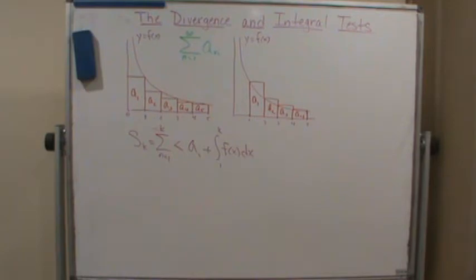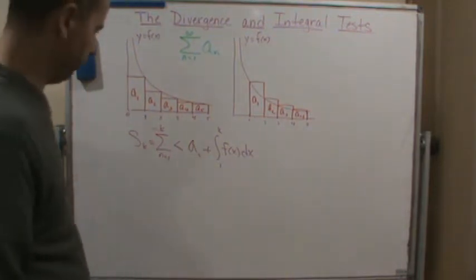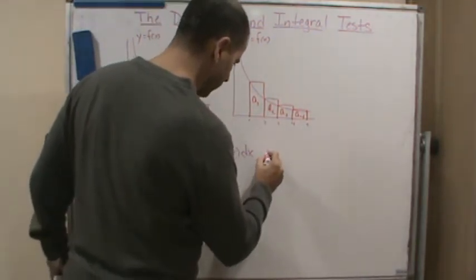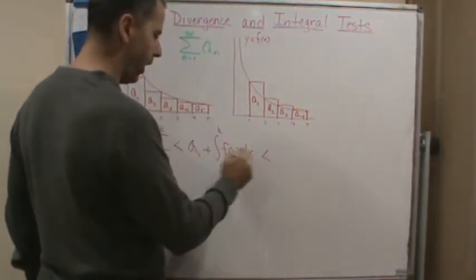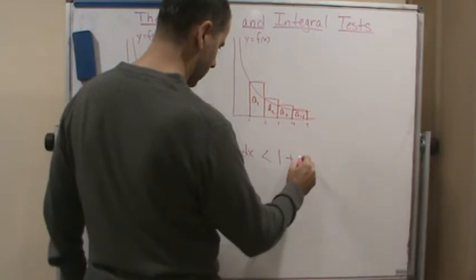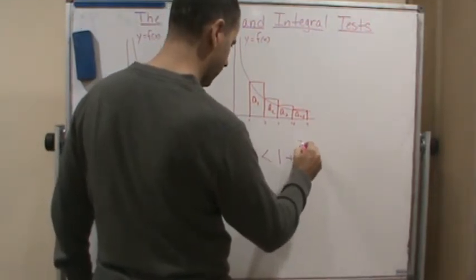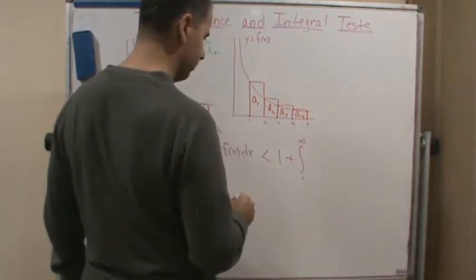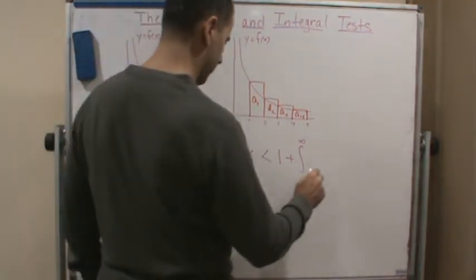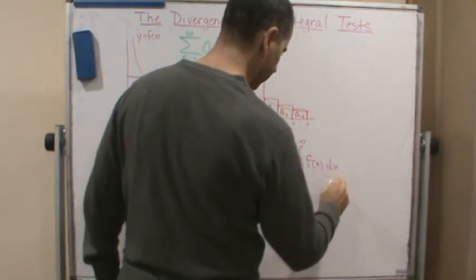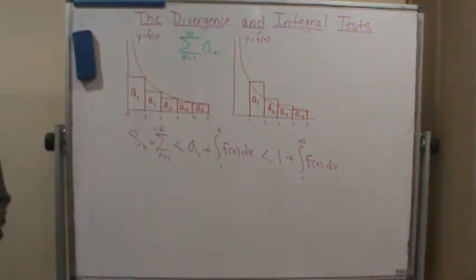Now, what is also going to be true is that this is going to be less than 1 plus the integral from 1 to infinity of f of x dx. So now that's where the improper integral comes in.